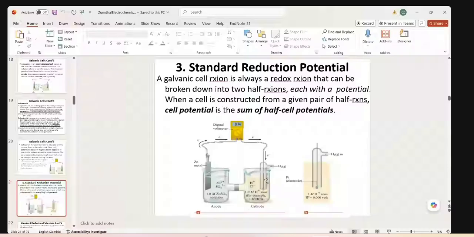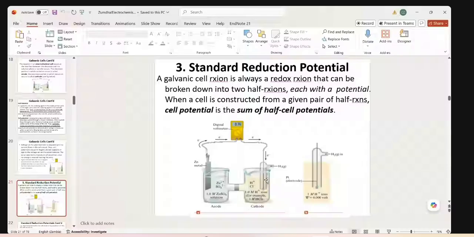But in the electrolytic cell, the cathode is negatively charged and the anode is positively charged.